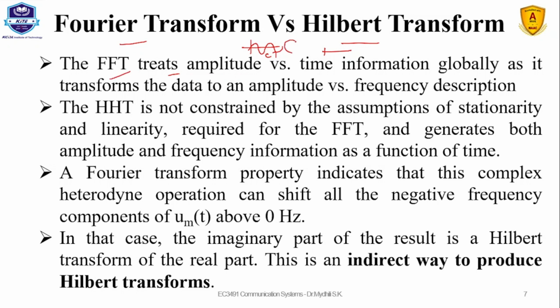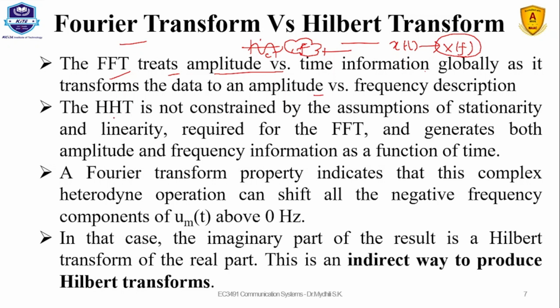It is passed through the channel, which requires a frequency component of the same. So x of t is converted into x of f. That is what they have told here: amplitude versus time in terms of continuous, and amplitude versus frequency in terms of x of f.